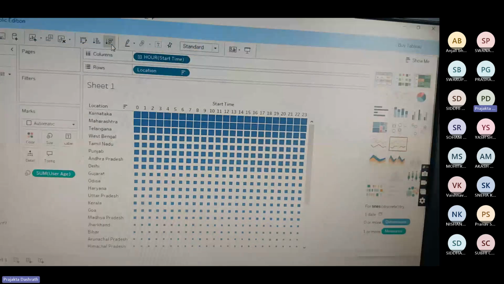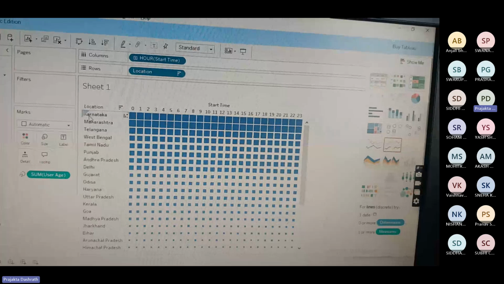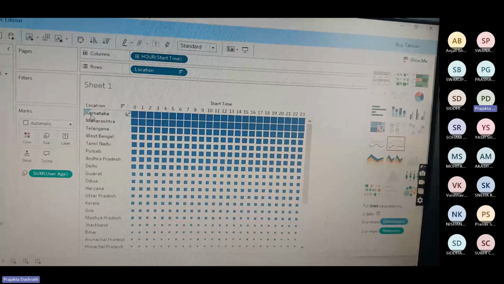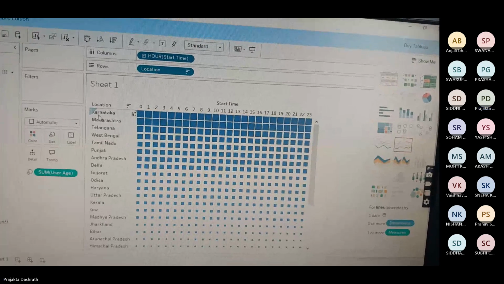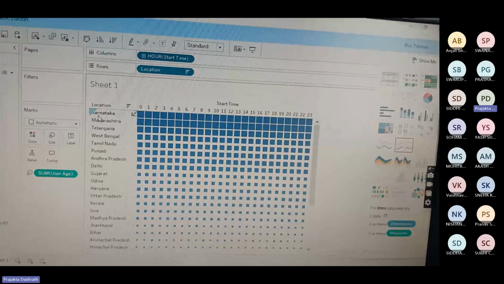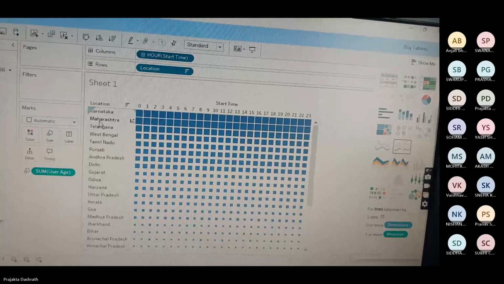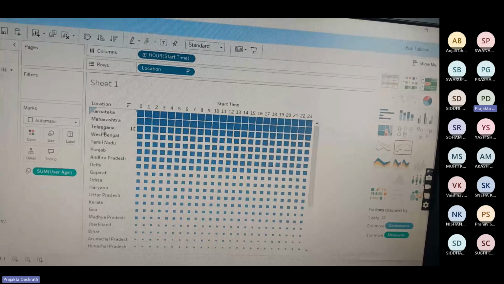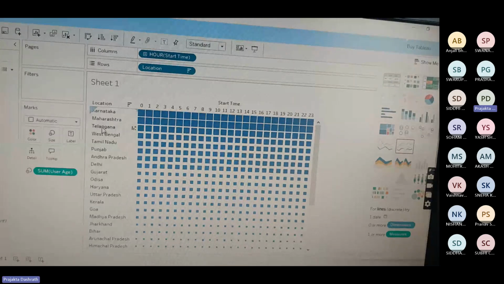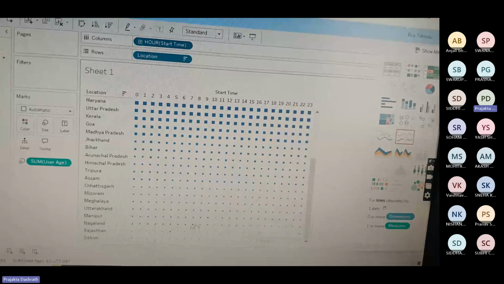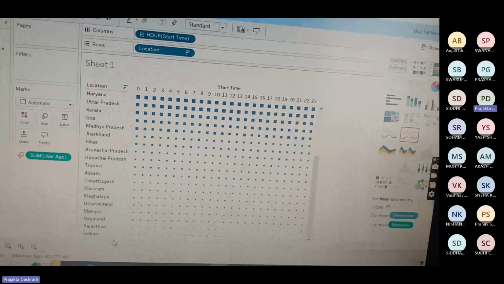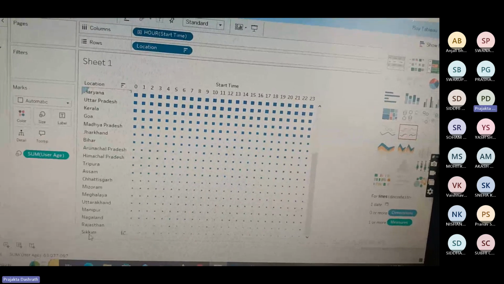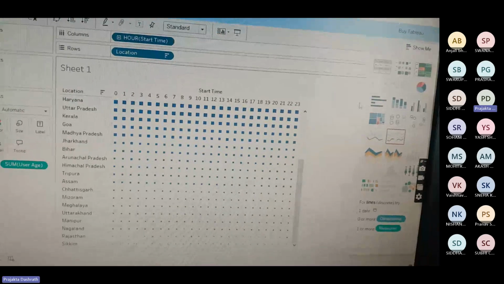Observe the change in case of heat map. Which is the most affected location? Karnataka and Maharashtra. After that, Telangana. Okay, able to observe? Which is the least affected? Sikkim.